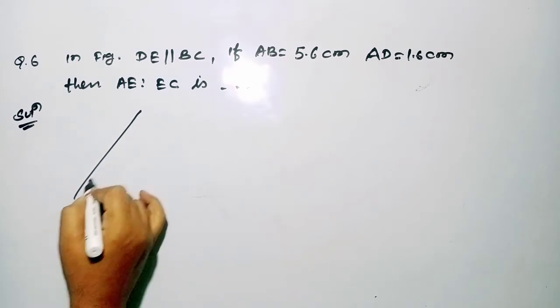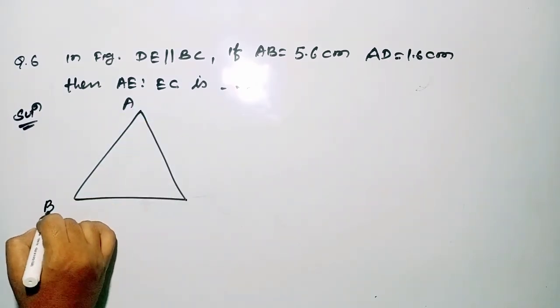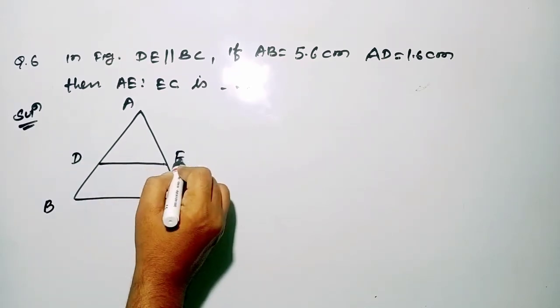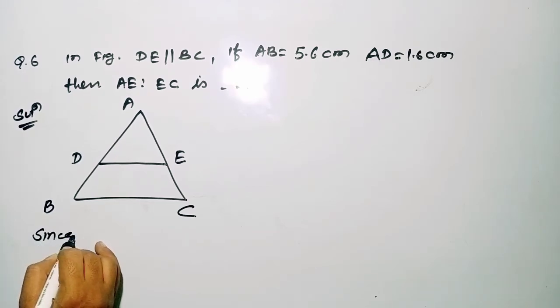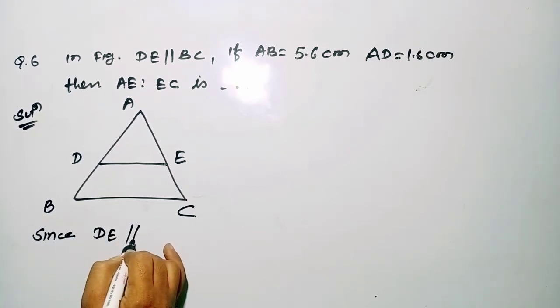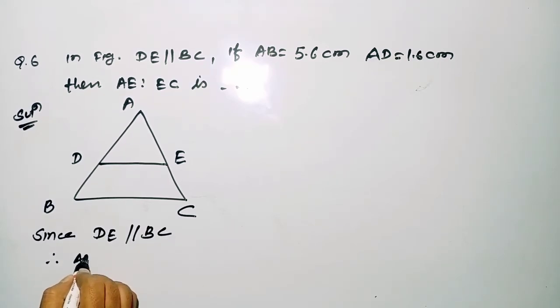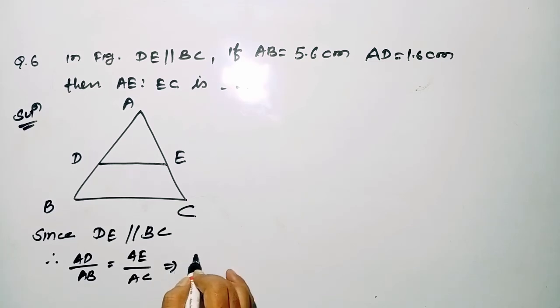Right? So in triangle ABC, DE is parallel to BC, right? Since DE is parallel to BC, as per the proportionality theorem, AD upon AB is equal to AE upon AC, right?